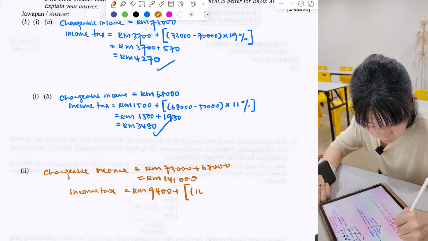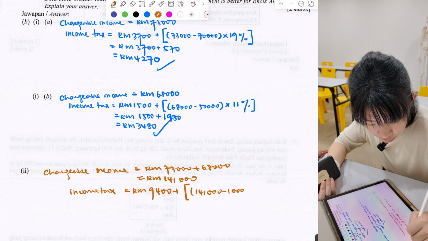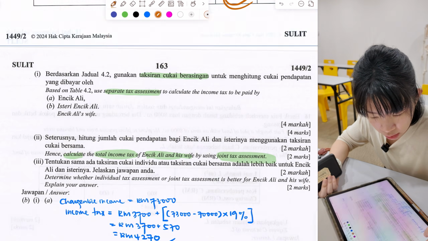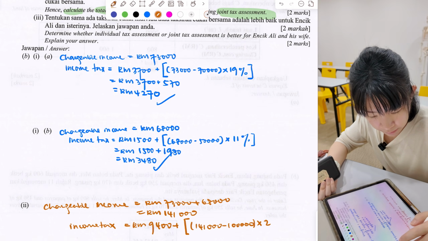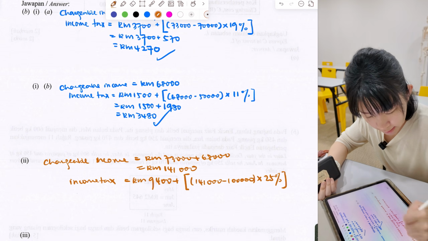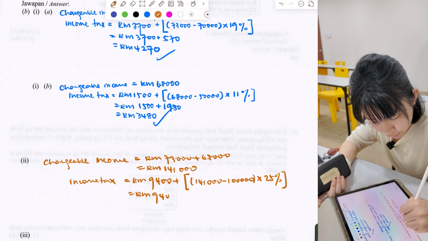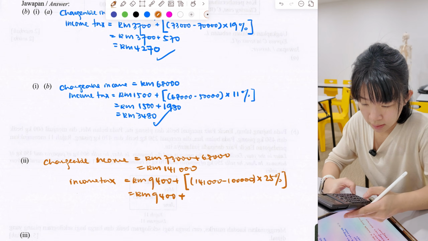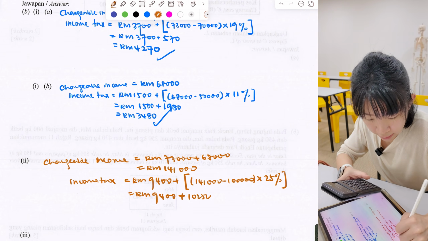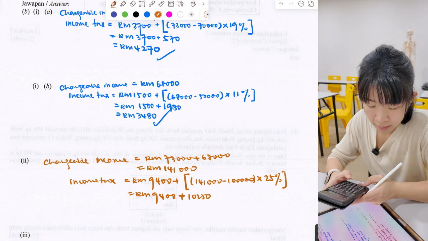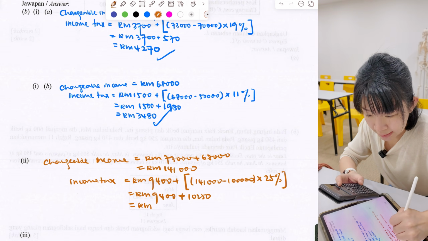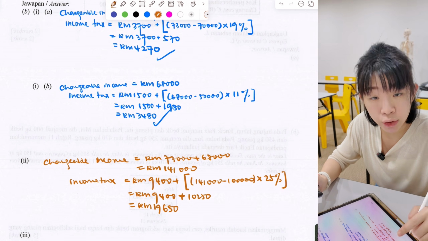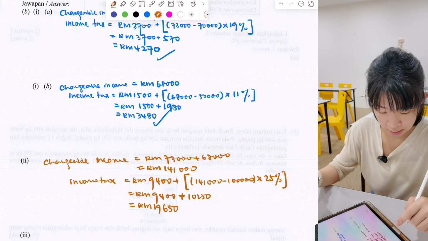So we take 141,000 minus 100,000, then times 25%. So 9,400 plus 10,250, total 19,650. So this is if they use joint tax assessment.